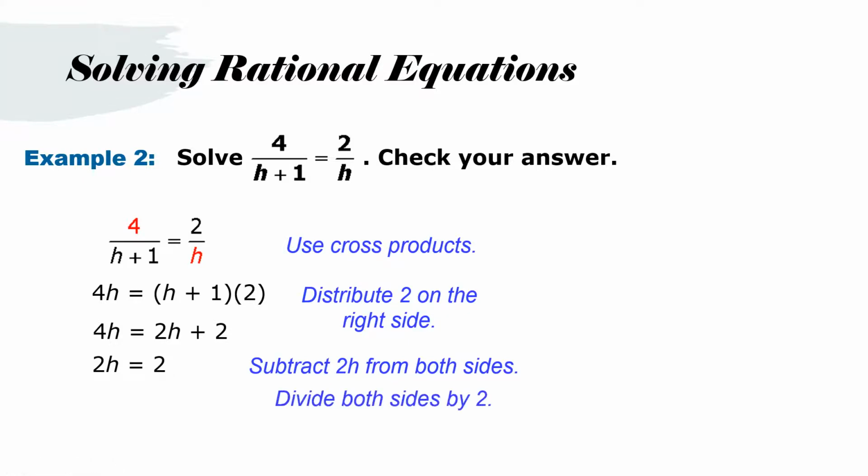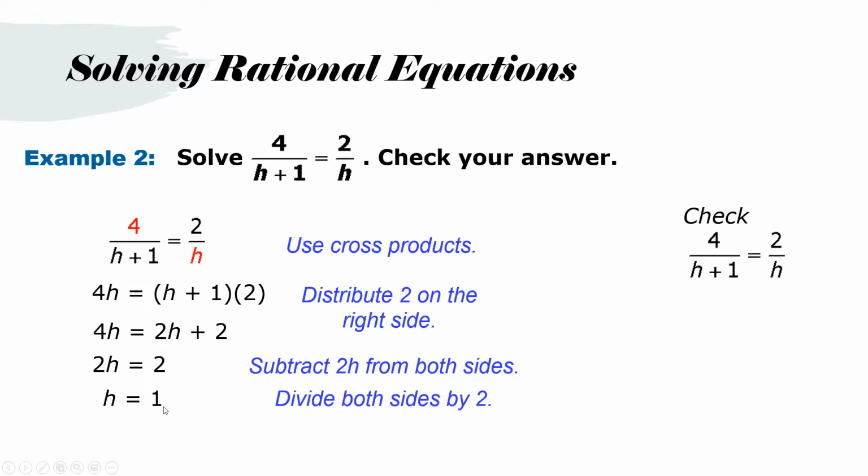And the correct answer is 1. Or divide both sides by 2. So 2h divided by 2 is h, and 2 divided by 2 is 1. Or just simply, what would be the number that you have to multiply by 2 to get 2? The answer is 1.